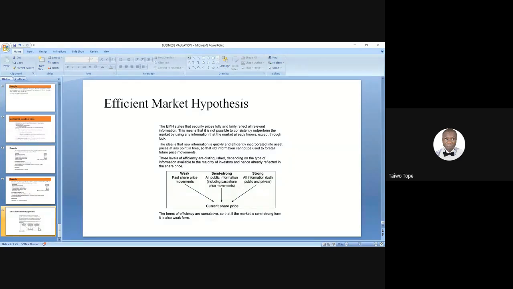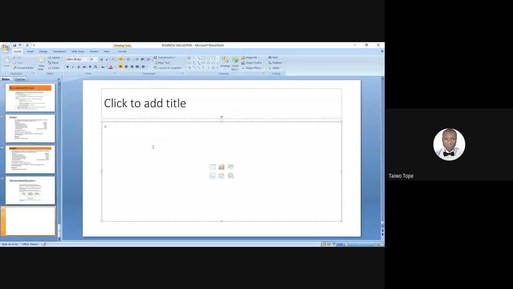It's all about information in the market. Let's look at simple examples for now to enhance our understanding, because if you start from the complex ones, students become scared of what you're trying to pass across.